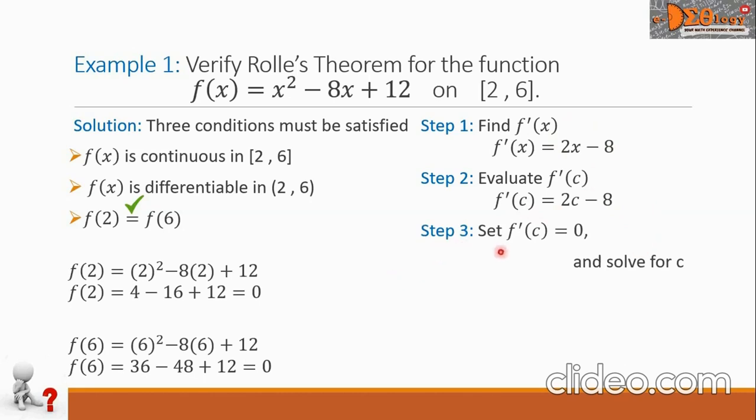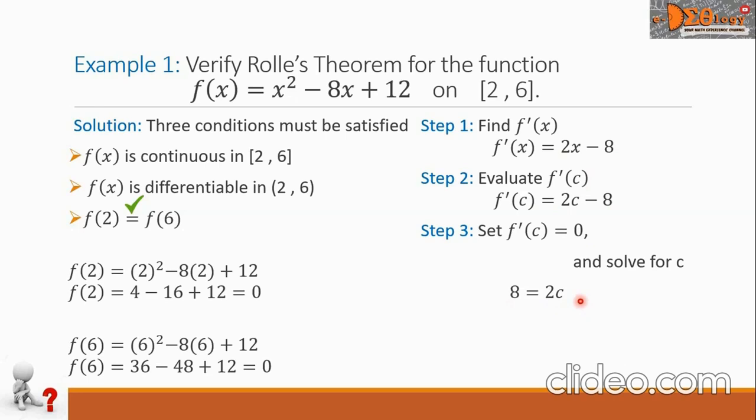Step 3, we set f prime of c equals 0. Then solve for c. So we have now 0 equals 2c minus 8. This negative 8 we will transpose to the left. The negative 8 becomes positive 8 equals 2c.